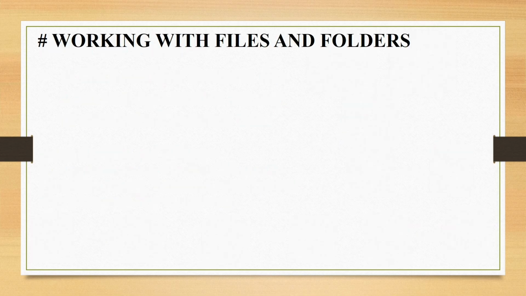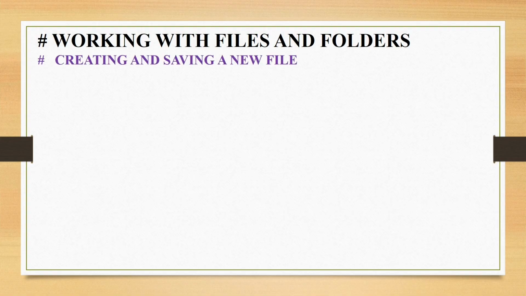Working with files and folders. Creating and saving a new file. To create a new file in Microsoft Word, number 1, open Microsoft Word 2010. It opens with a blank page.